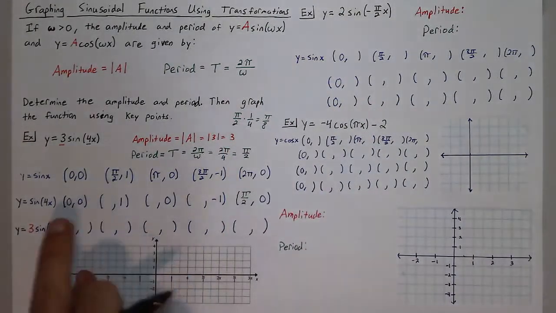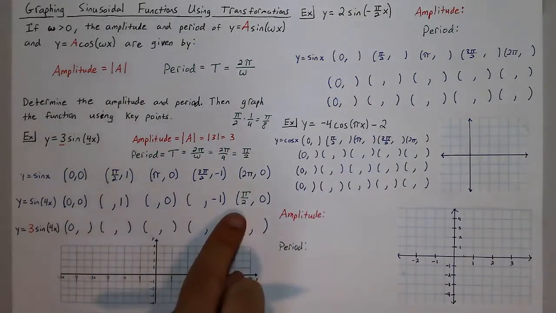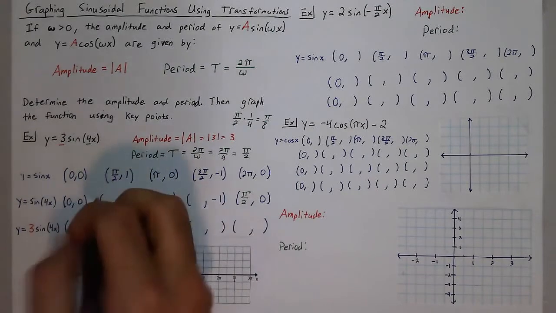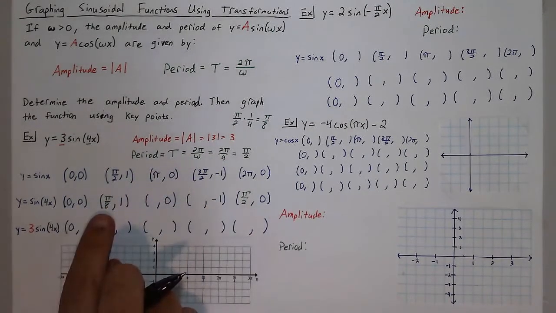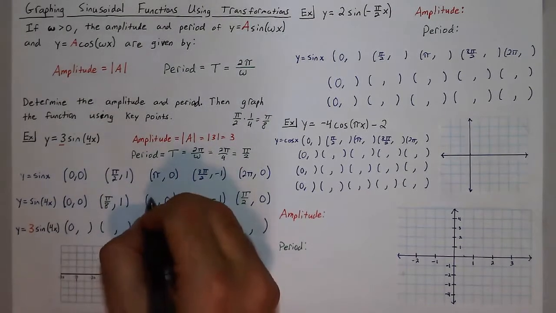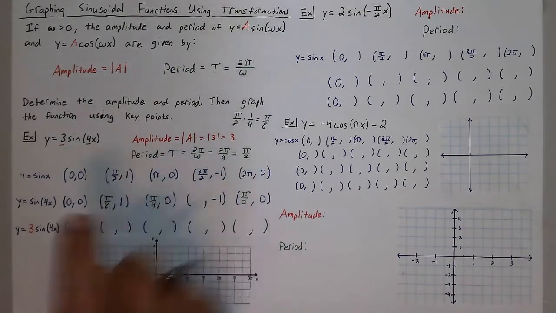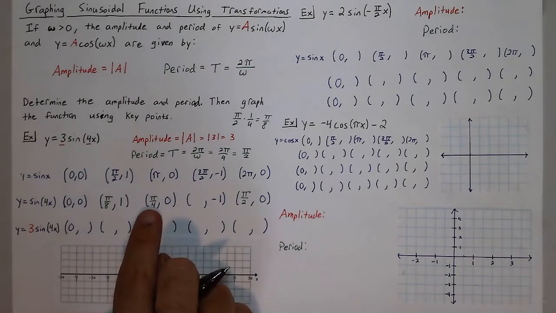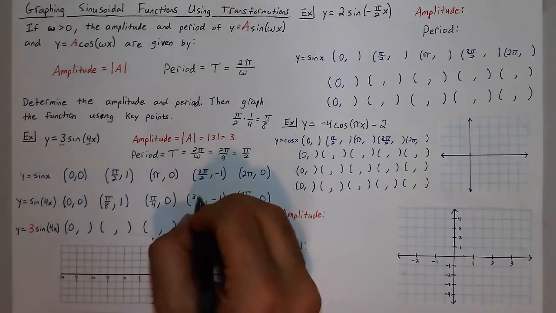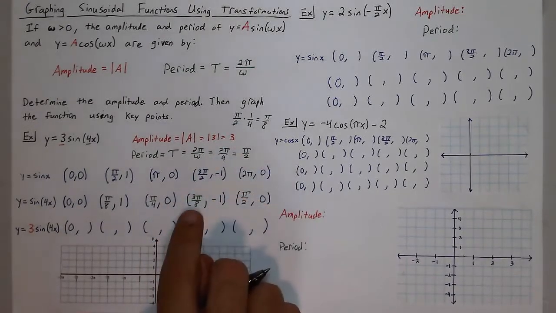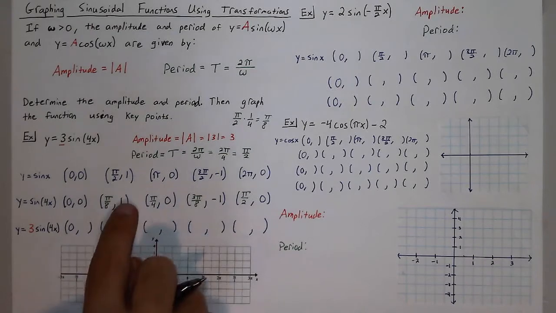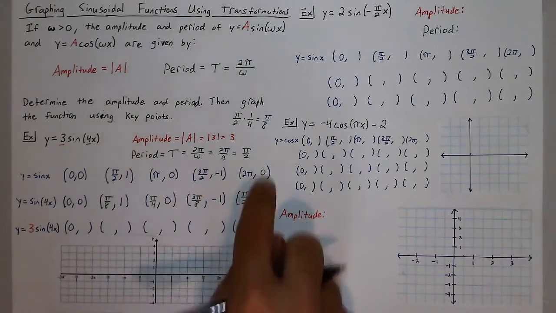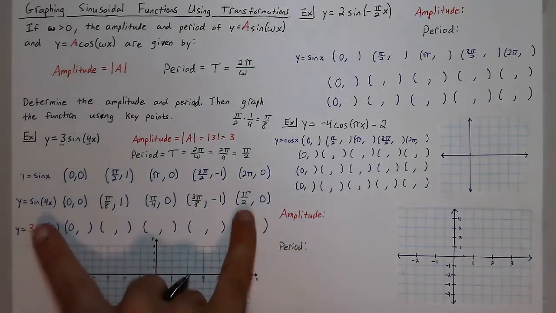So I'm counting by pi over 8 for every single point. 0 plus pi over 8 is pi over 8. Pi over 8 plus pi over 8 is 2 pi over 8, which is pi over 4. Then 2 pi over 8 plus pi over 8 is 3 pi over 8. And 3 pi over 8 plus pi over 8 is 4 pi over 8, which is pi over 2. You'll see here I didn't affect my y values, because that's not what the period changes. It just changes these x values.